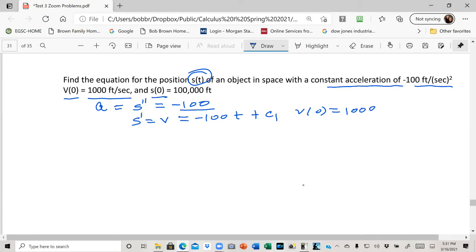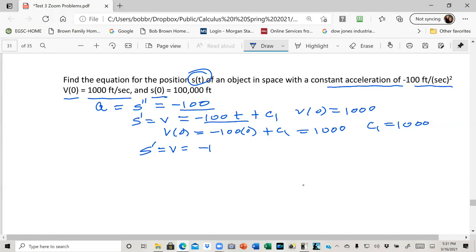So V at 0, plug in here, would be minus 100 times 0 plus C1 equal 1,000. So C1 is equal to 1,000. So now we know the velocity, which is S prime, is equal to minus 100t plus 1,000.